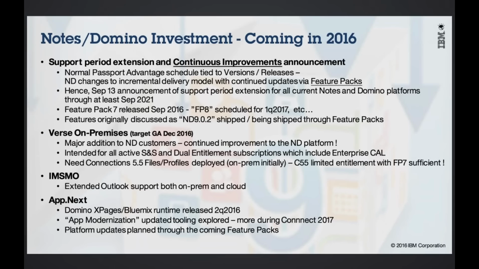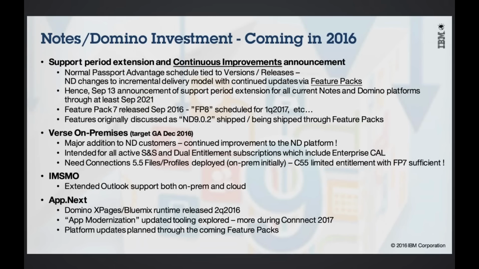On the application side, we've started lifting the veils a little bit on Application Next. And you have seen that the Bluemix runtime for XPages was released in second quarter, and more will happen. We'll talk a little bit more about it later today, but there will be much more about the whole aspect of application modernization and updated tooling around that from IBM and what we're going to do.